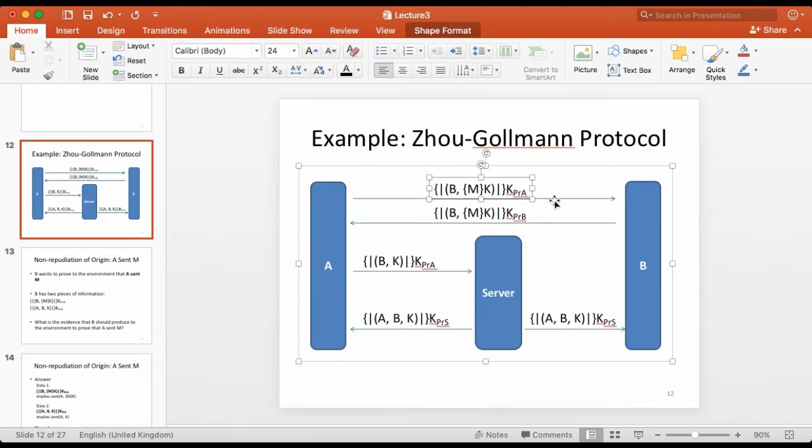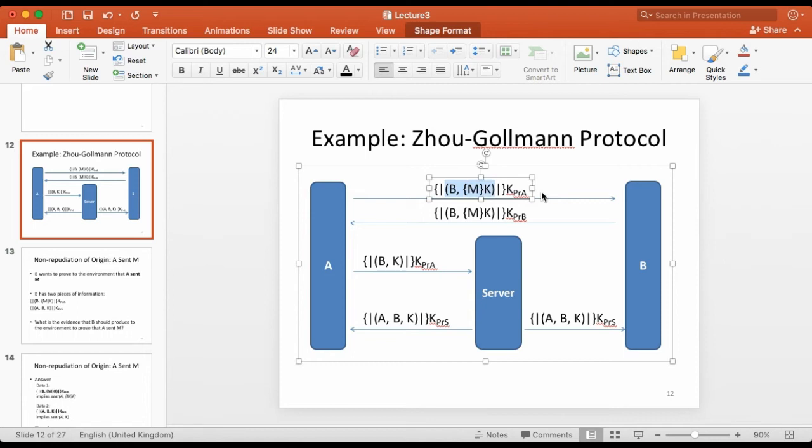And then these two things, B's name and the encrypted message M, are signed with the private key that belongs to A. Okay, so once B receives this signed message, it can use A's public key, which corresponds to this private key, to verify or validate the signature, and if the signature is correctly constructed and valid, then it will be able to conclude that indeed the whole message came from A, or was signed by A. Now, of course, as we said, a signature does not hide the internal content because you still have the internal message attached to your signature.